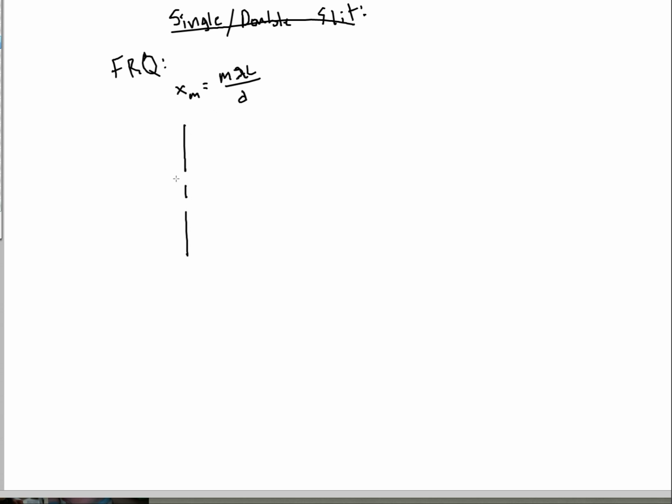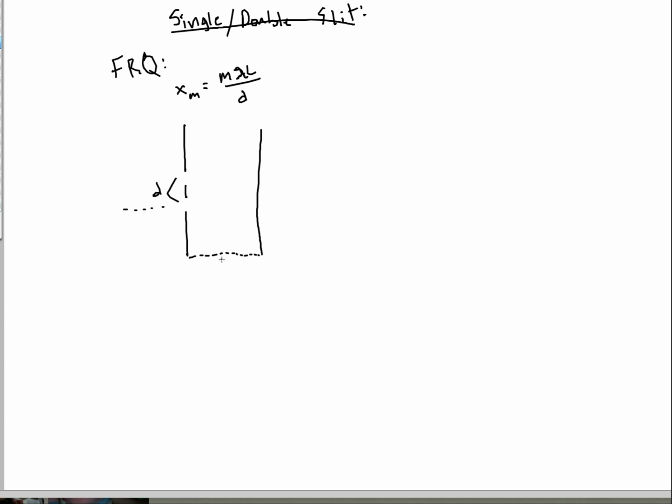And so you'll have a distance between the centers of your slits, d. You've got the wavelength of the light coming in. And then your viewing screen, in other words, where the interference pattern is hitting the wall, or it could be a screen or whatever, is a length L away.